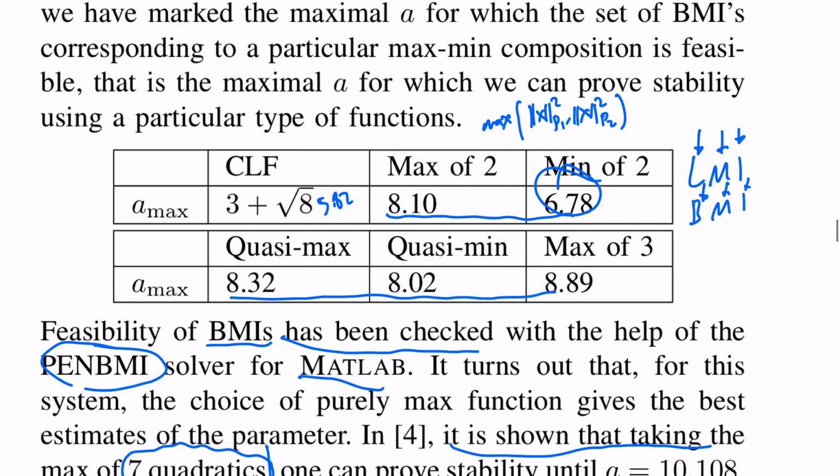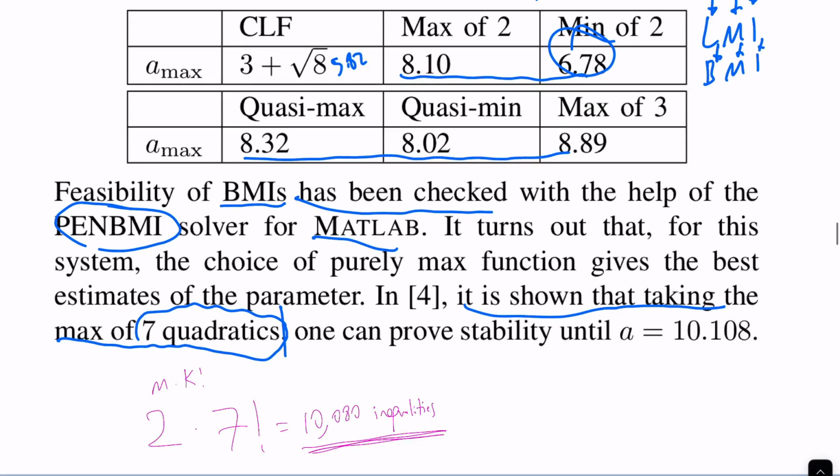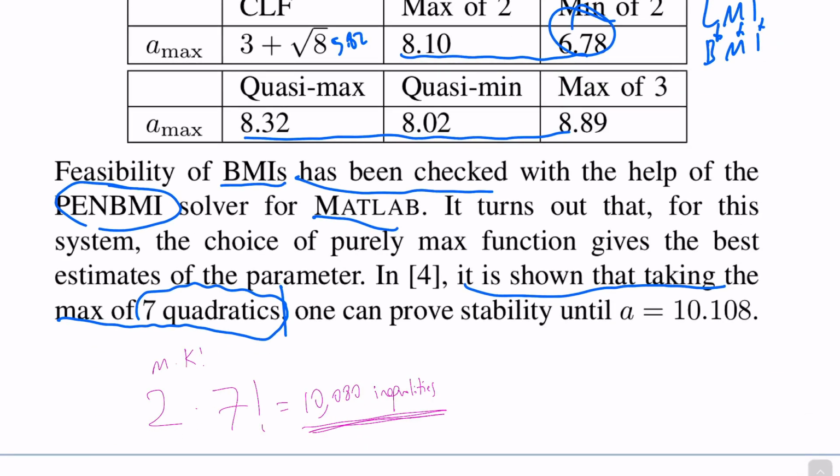here for this given system, we have 2 subsystems. We would need to, I'm thinking about MaxMin structure, 2 times 7 factorial. So I computed that it's like 10,000 inequalities, and then these are not scalar, these are BMIs, right?